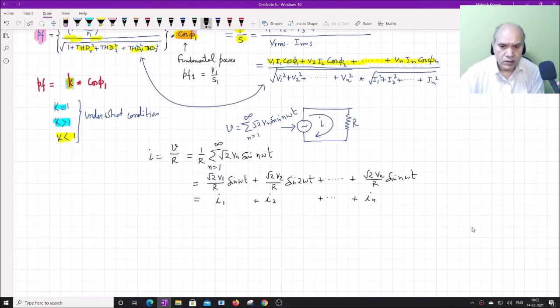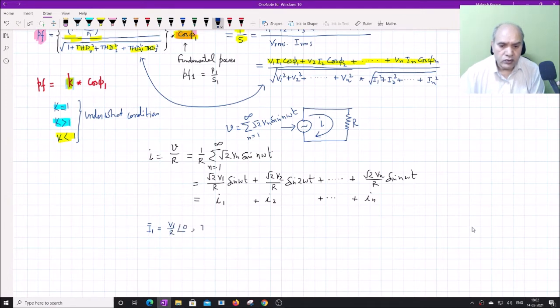Correct? And therefore, from this expression, we can find the RMS values of the current for each harmonic. So I1 is nothing but V1 by R angle of 0.